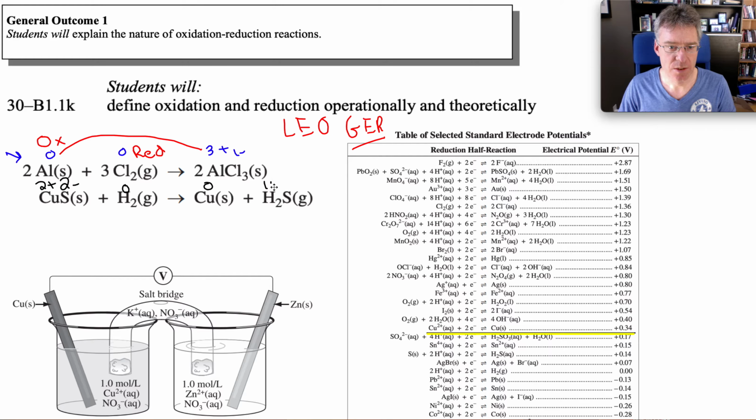Hydrogen is always +1 unless it's with a metal, and sulfur in a compound is always -2. So now we can identify our changes. Copper starts as an ion and becomes the elemental. To become neutral, copper must gain 2 electrons. So it is gaining electrons, so it is being reduced.